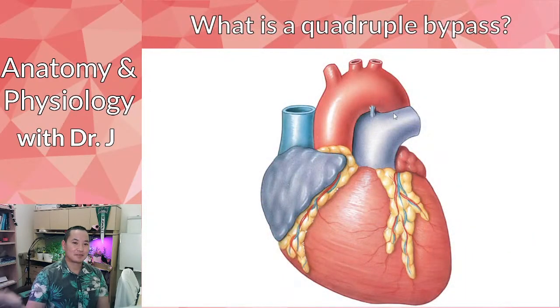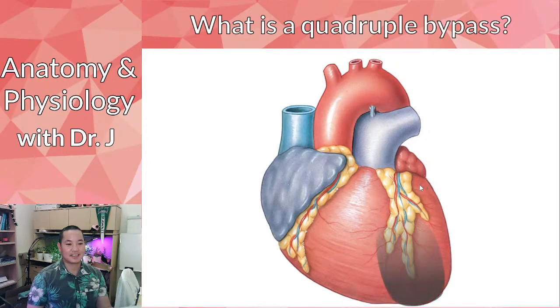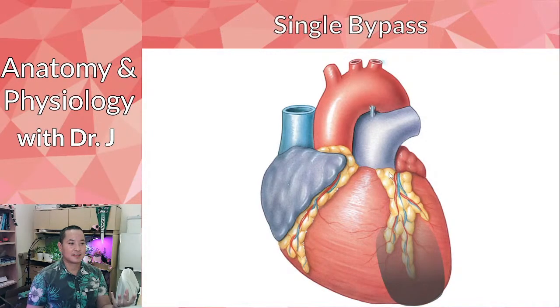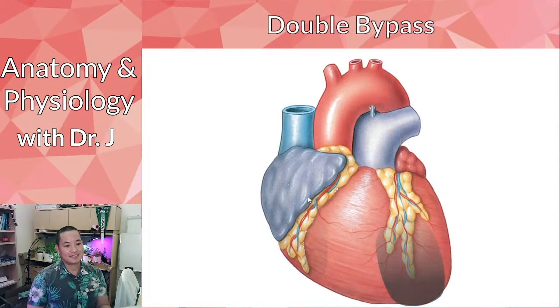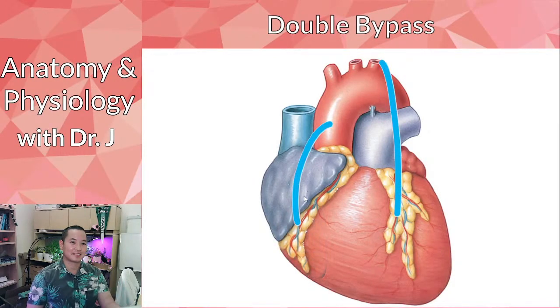But what is a quadruple bypass? So what is it, and what's this double, triple, and quadruple? The difference is, sometimes you have a heart attack and you can't do a PCI and you can't do a stent, so you have to do that single bypass. Now with a double bypass, what does that mean? Well, a double bypass means you have to do 2 of these. So now you have 2 blood vessel grafts.